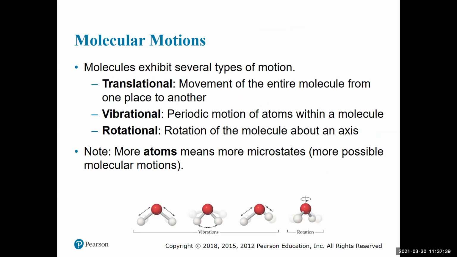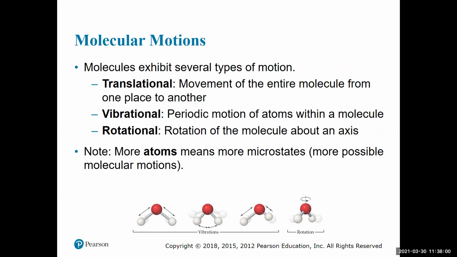So up until now, we've been talking about molecules just moving around in space or speed or things like that. But the interesting thing is that there's movement within the molecules themselves. And so I want to talk about some things that are called molecular motions.